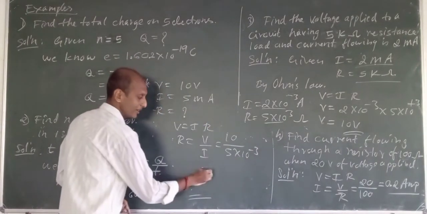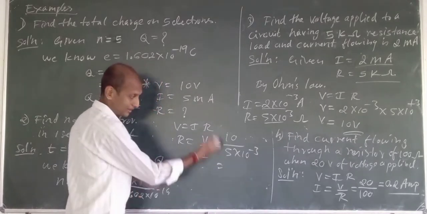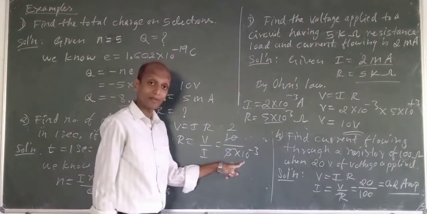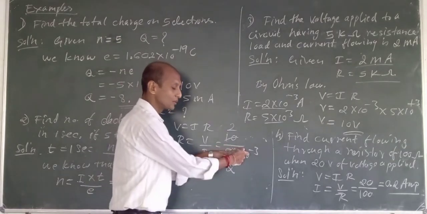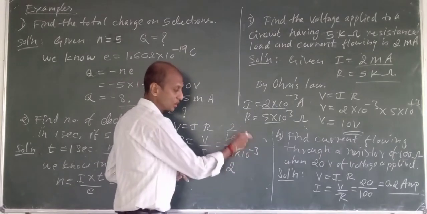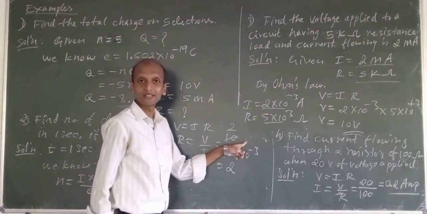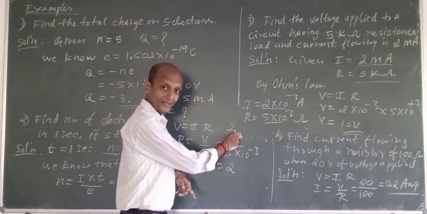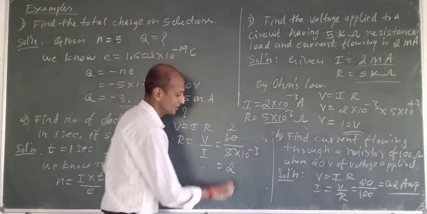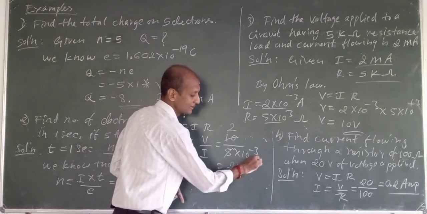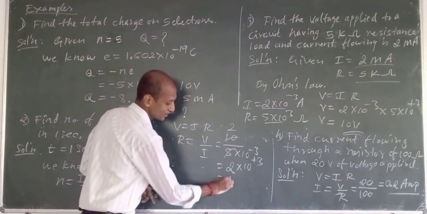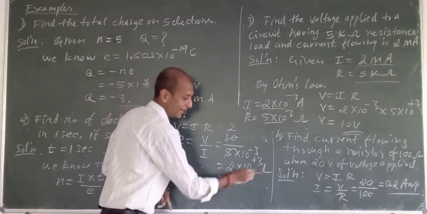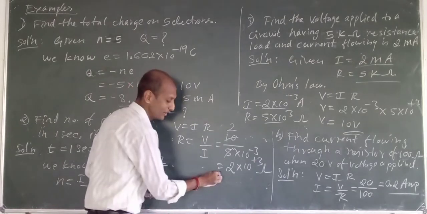Now for the solution, 5 twos are 2, and this 10 power minus 3 multiplier, if it goes from the denominator to the numerator, the minus 3 will become plus 3. So this is how I get 10 power plus 3. So that is 2 into 10 power plus 3. 10 power plus 3 can be said as kilo, so many ohms, and 10 power plus 3 is written as kilo, so 2 kilo ohms.